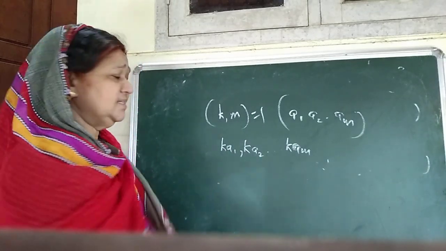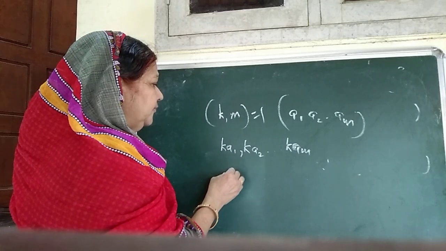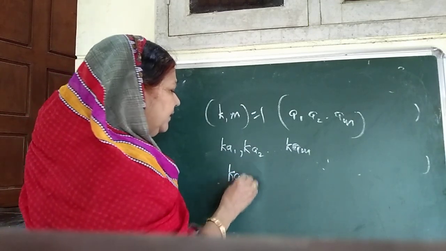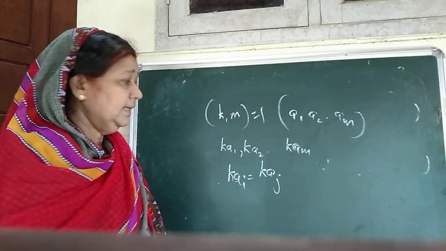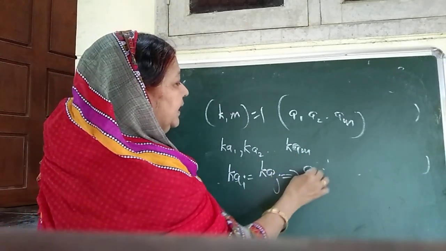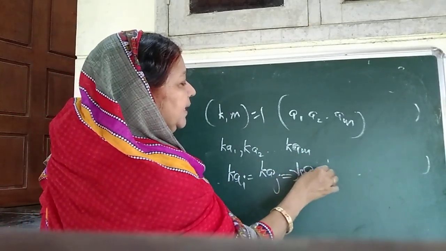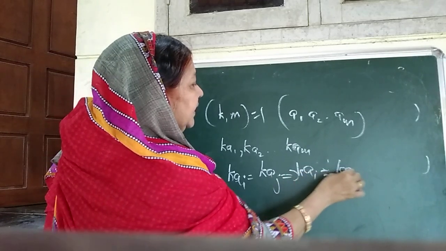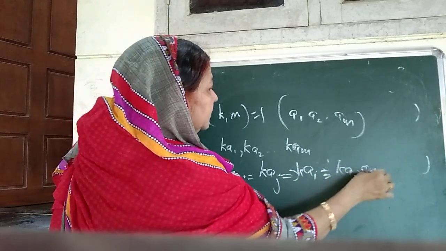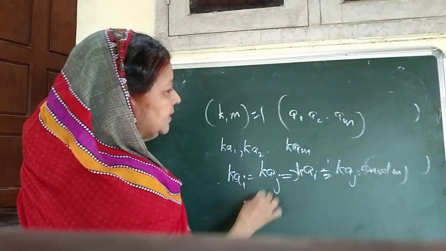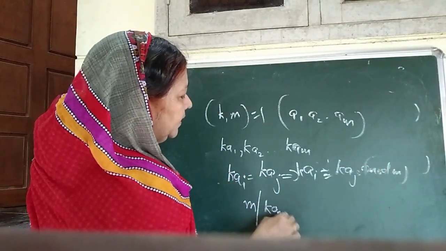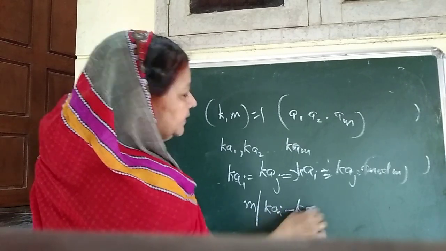Generally we can see that if K Ai is congruent to K Aj modulo M, that means M divides K into Ai minus K into Aj.